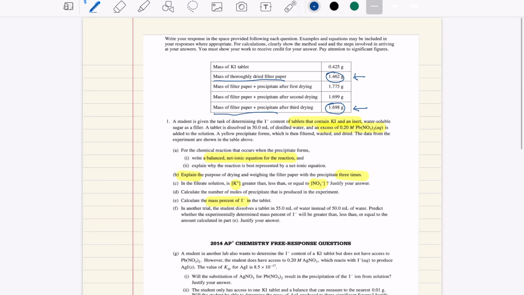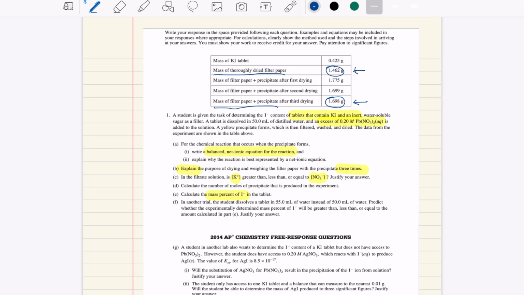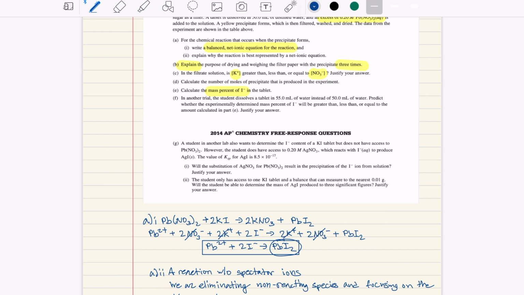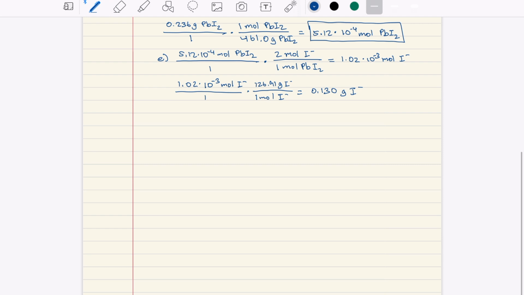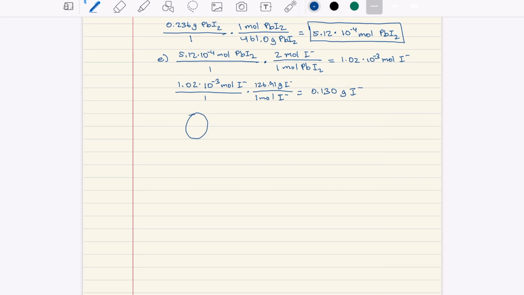So now going back to the data in the table, you have 0.425 grams, and that's the mass of the KI tablet. And the question is asking, what is the percent mass of I minus in the tablet? If we can just imagine, this is a tablet, and some of it is I minus and some of it is K plus. So the question is asking what percent of this entire tablet is I minus.